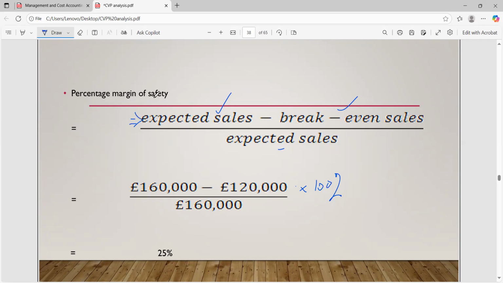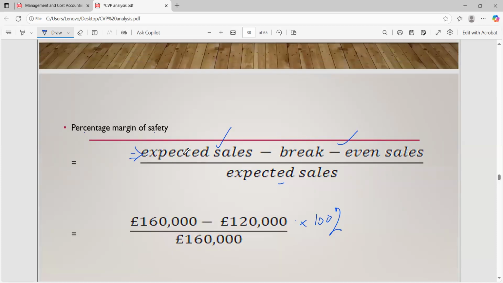But when they say percentage margin of safety, or margin of safety in terms of percentage, then you need to divide the margin of safety itself by the expected sales and multiply by 100%. So margin of safety in itself is expected sales minus break-even sales.